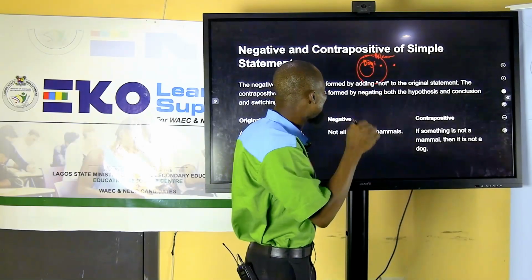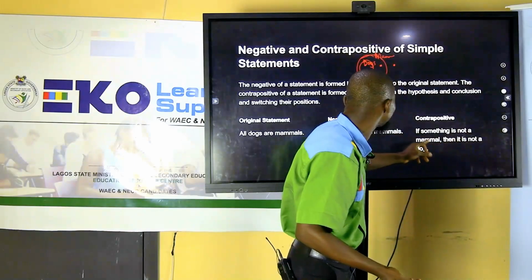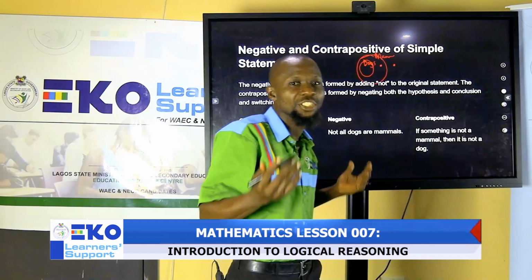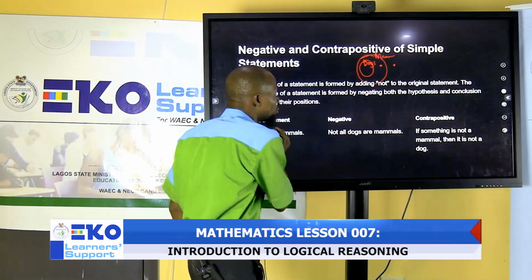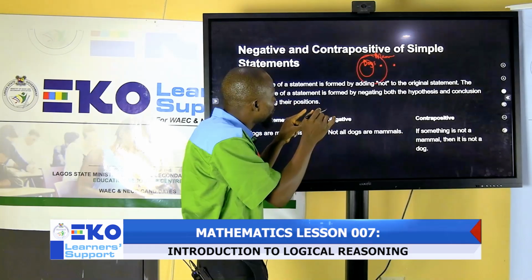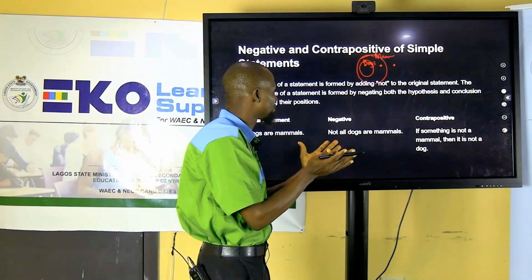So anything that is not a mammal is not a dog. So that is the contrapositive statement for the original statement. I hope you understand that. So just draw something of this nature. All dogs are mammals. So mammal is the general name.